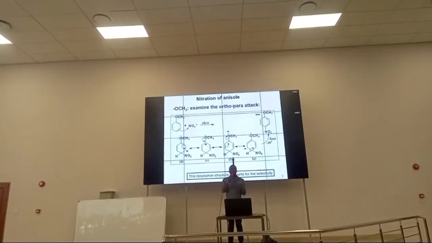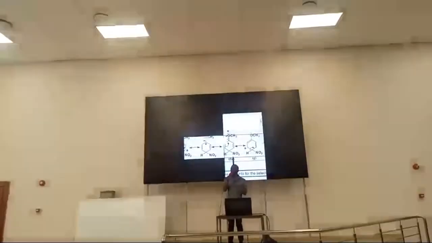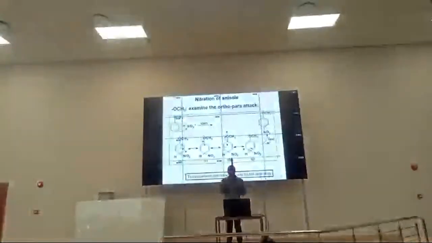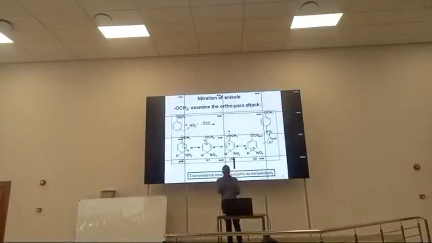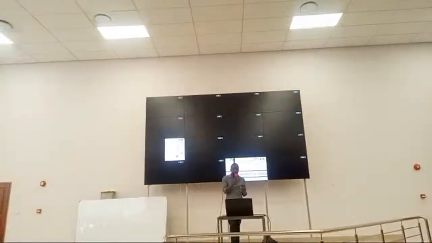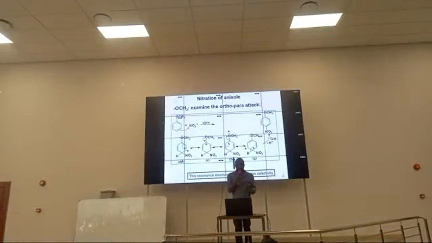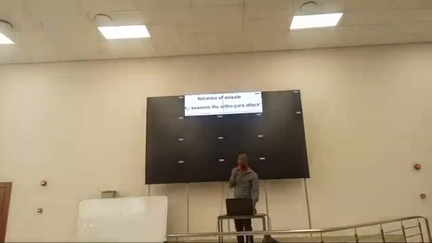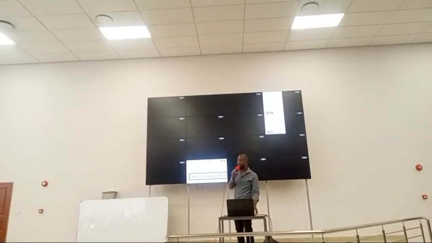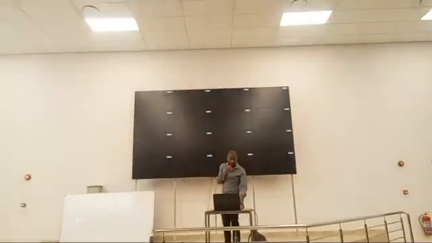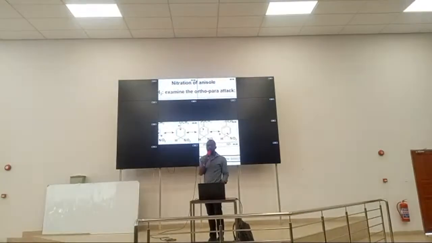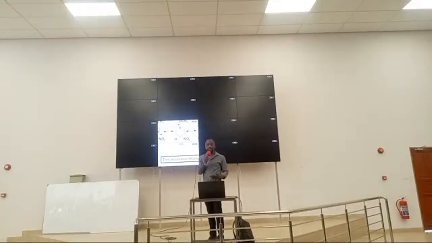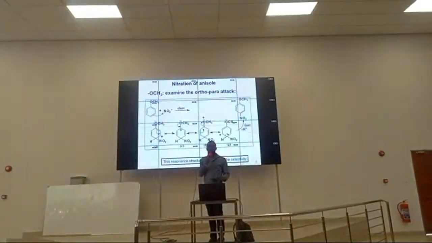And then 4 resonance structures for the ortho attack, which explains why substitution with the methoxy tends to direct incoming electrophiles at the ortho or para position predominantly. But we get less of the meta-substituted product because the meta attack will lead to a less stable set of resonance structures.